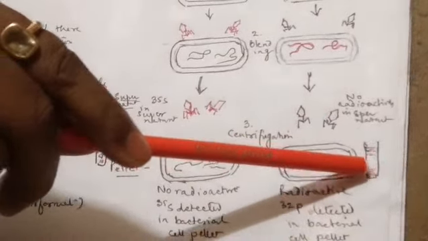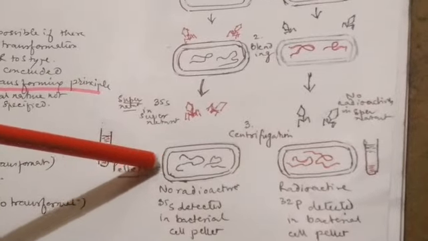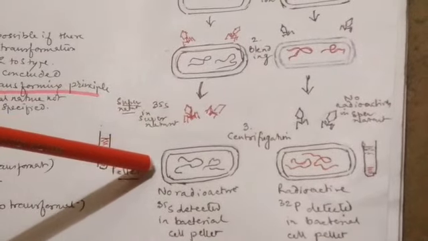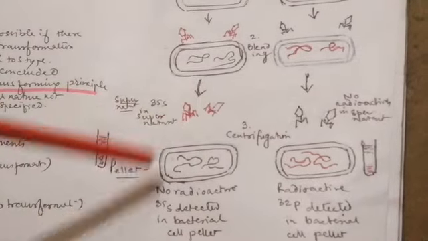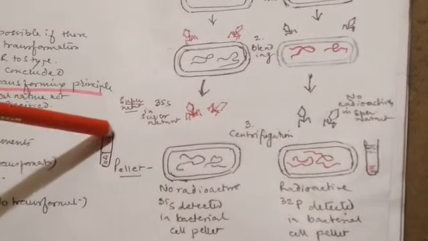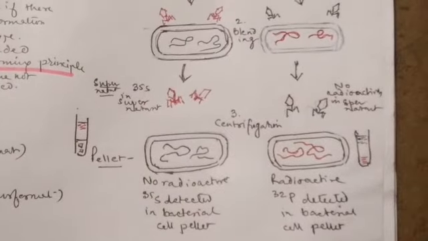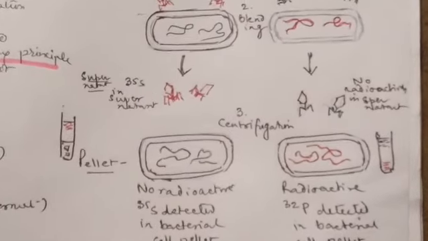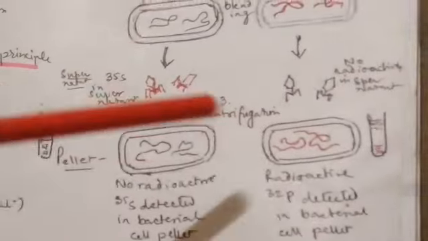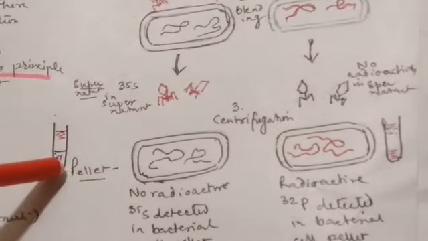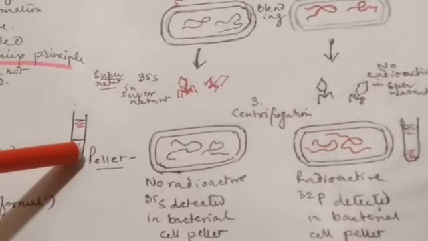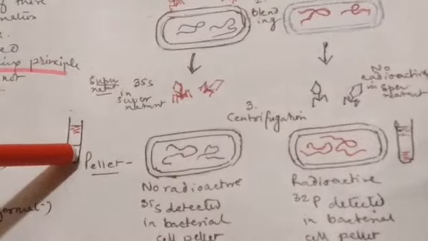But where the sulfur was radioactive, that means the protein part was radioactive, they found the radioactivity in the supernatant. Since bacteria are heavier, they remain in the pellet. So since the supernatant has the radioactivity, that part hasn't entered the bacteria.